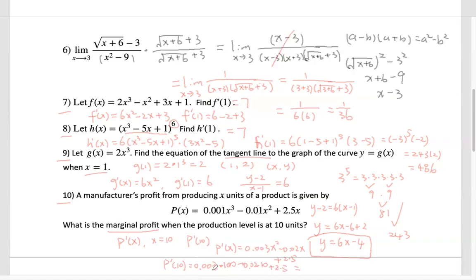So this becomes 3. Then minus 0.02 times 10 becomes 0.2, plus 2.5. Well, 3 minus 0.2 equals 2.8, plus 2.5 makes 5.3. All right, you could use a calculator for the decimals.